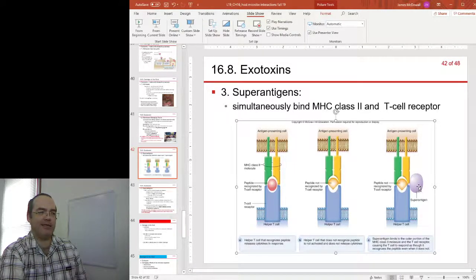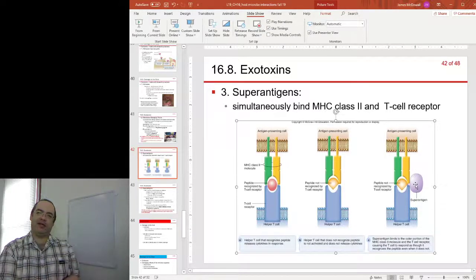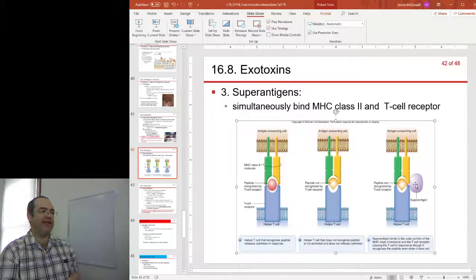In many ways, the super antigen, this purple blob, is short-circuiting this system. No matter what the dendritic cell is showing, the T cell is always going to activate. And that means lots of activation, lots of cytokines, lots of inflammation, and lots of deleterious effects on the body.